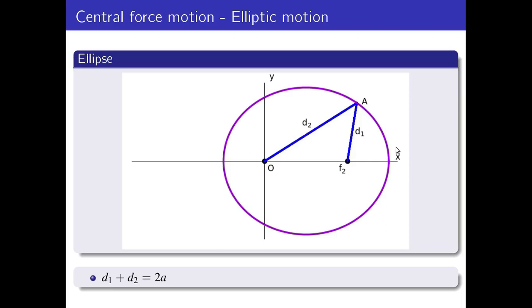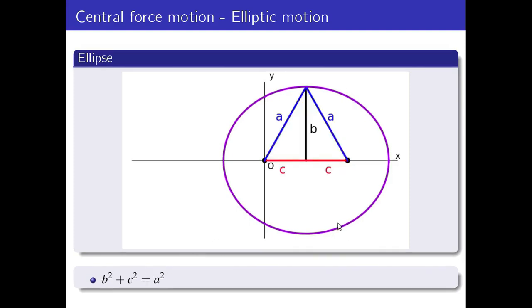There is a useful property of the ellipse. If we choose a point on the ellipse, then the total of the distances from that point to the focal points is equal to 2a. We will use this property. If we choose the upper point of the minor axis, we obtain this configuration, and this is a right triangle.